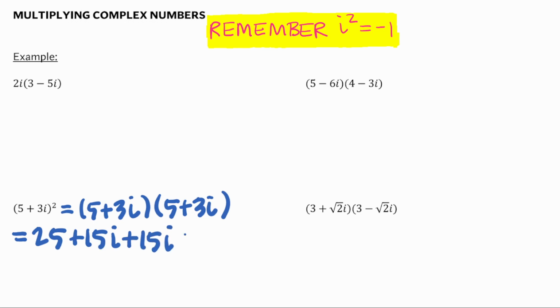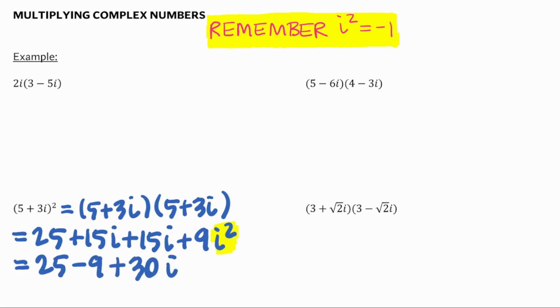And then the last two terms would give me a 9 and an i squared. Okay, I just need to remember that i squared is negative 1. And I can conclude that I have 25 minus 9 plus 30i, which is going to be 16 plus 30i.